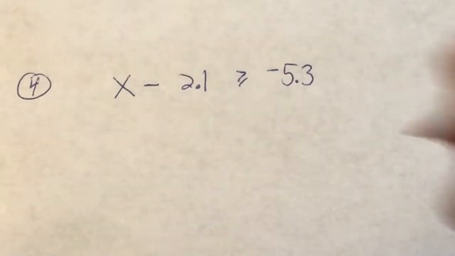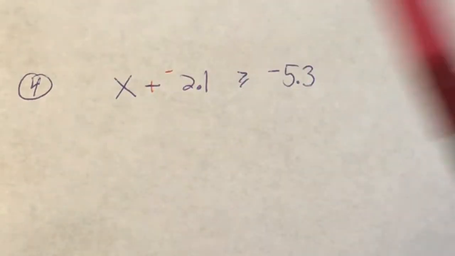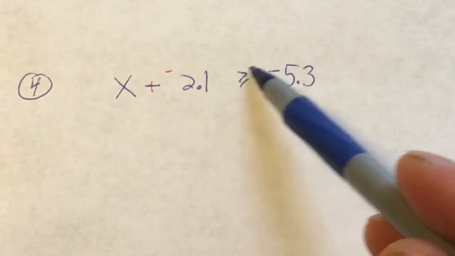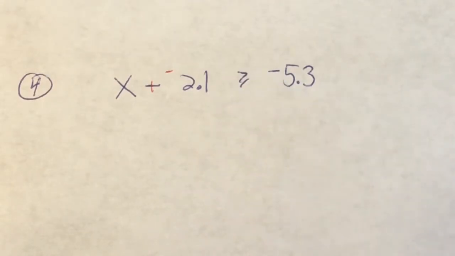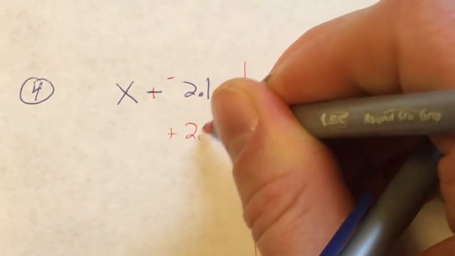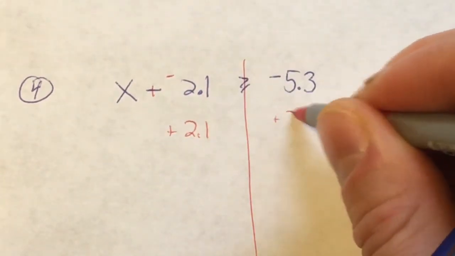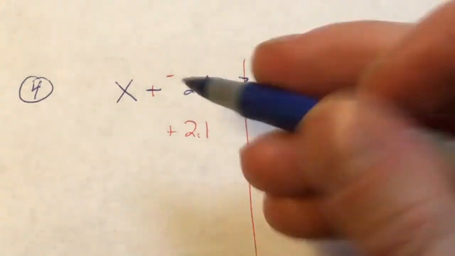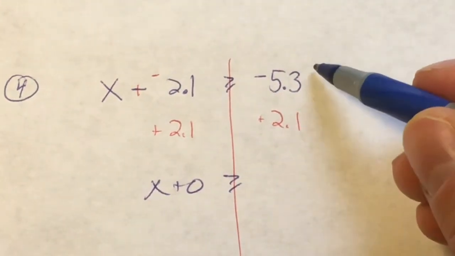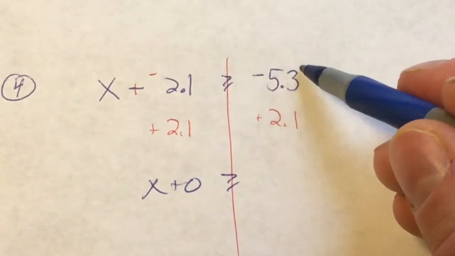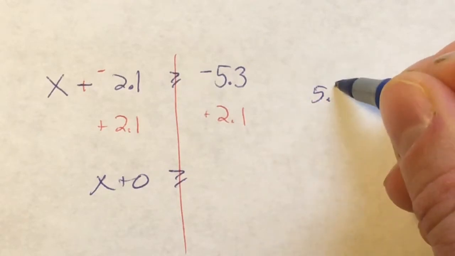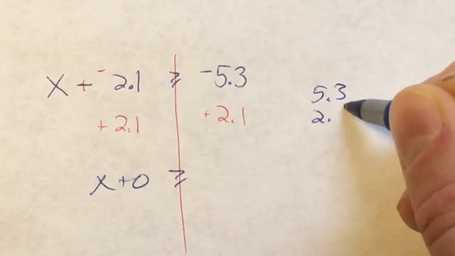All right, let's make it a little bit tougher here. I'm going to add the opposite. Make that plus negative 2.1. X plus negative 2.1 is greater than or equal to negative 5.3. I am going to add positive 2.1 to both sides. Gets me x plus 0 is greater than or equal to, well, the 5.3 negatives and 2.1 positives are going to counteract each other.